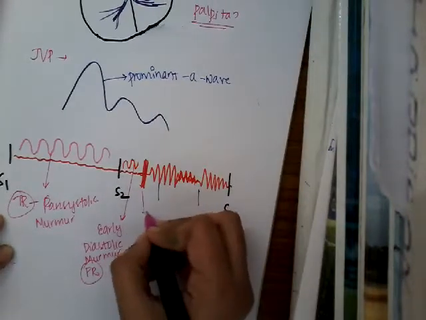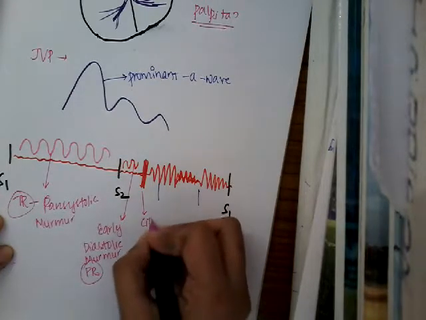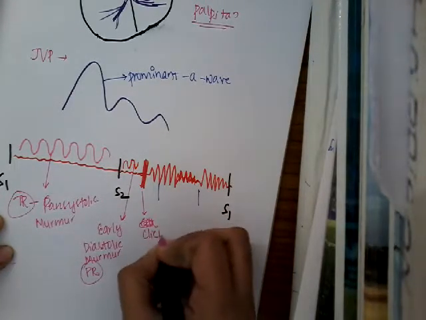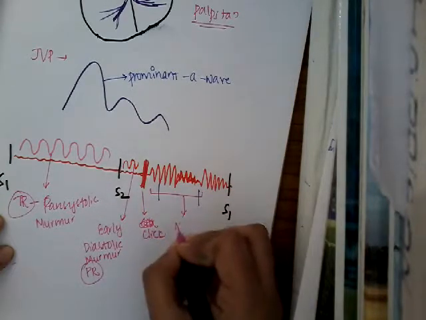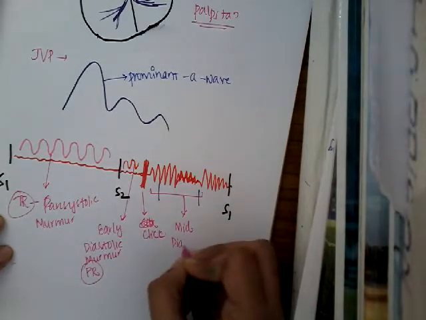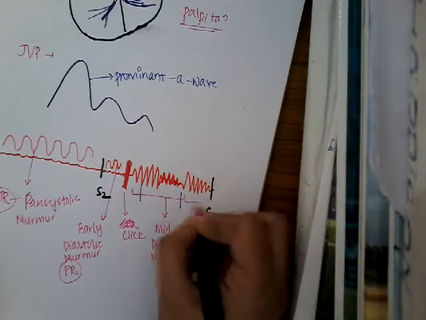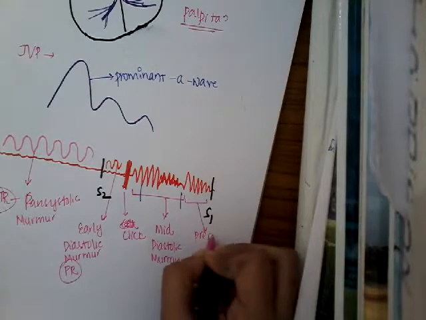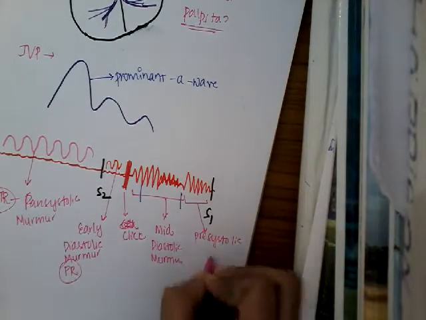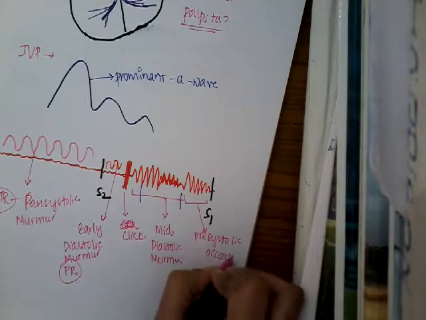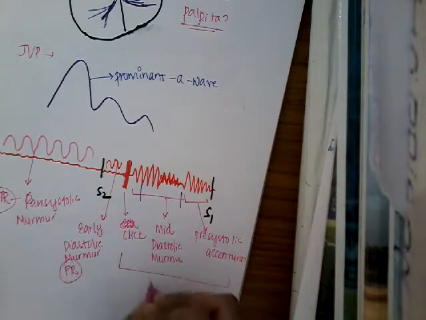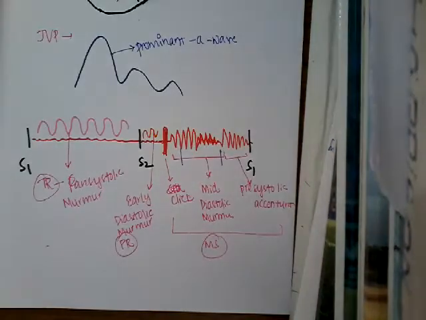And then there is a click, and then there is a mid diastolic murmur, and then finally there is pre-systolic accentuation. These are due to mitral stenosis. All of these can be present or only a few can be present. Okay.